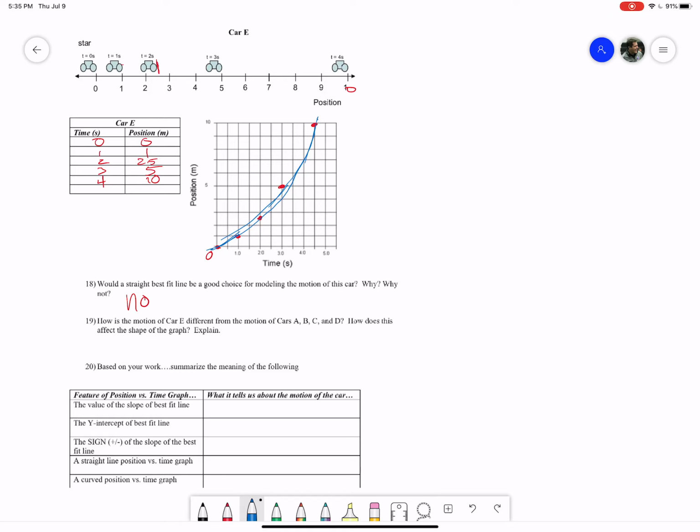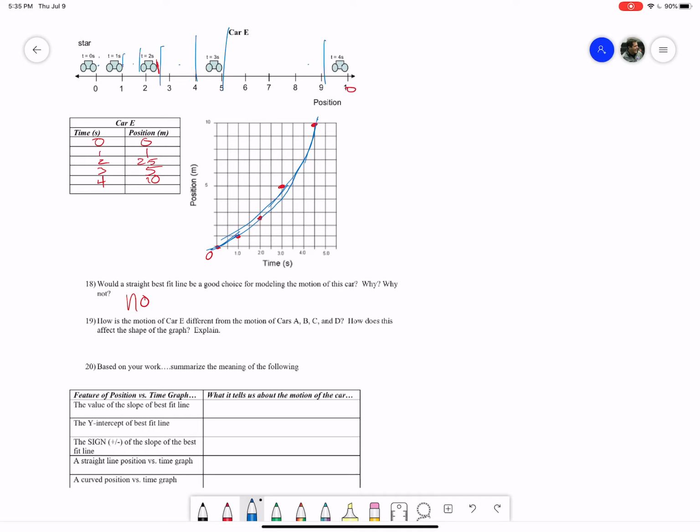All right, so how does the motion in car E differ from all the other cars? Looking at this motion, we see spacing that gets further and further apart. What that would mean is that this car is speeding up. It's covering greater distances between the time spaces.